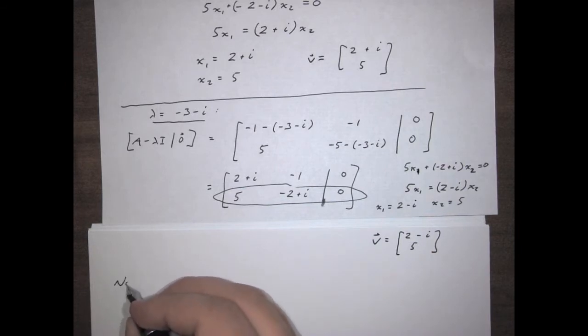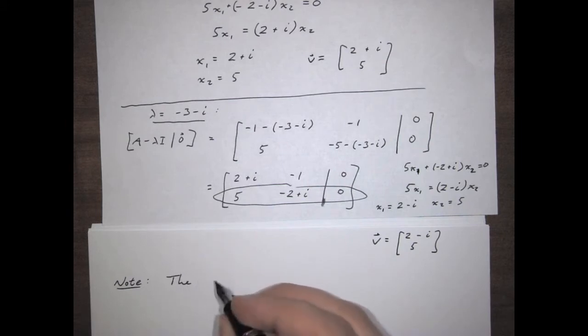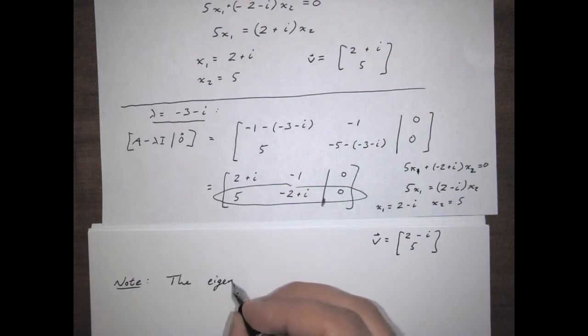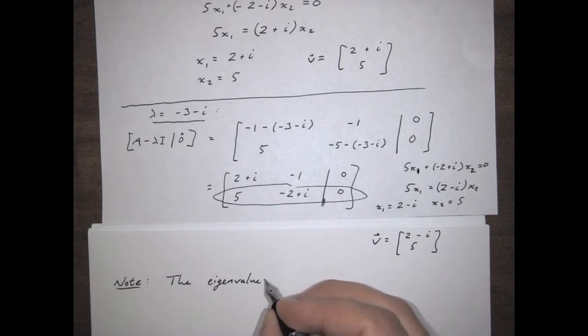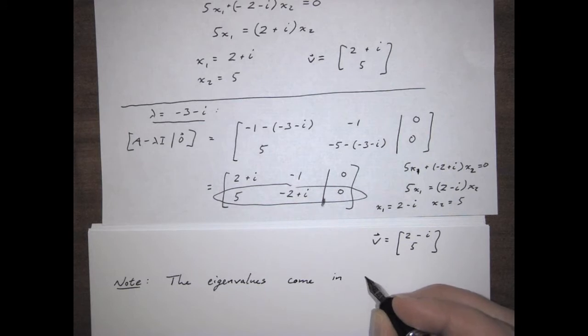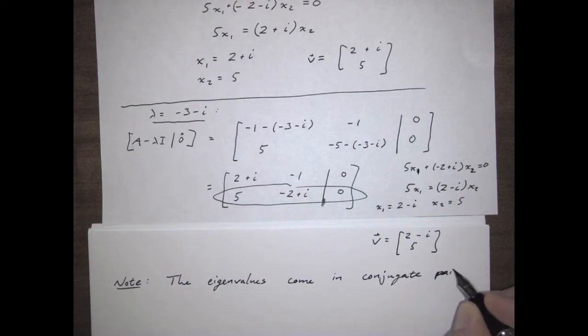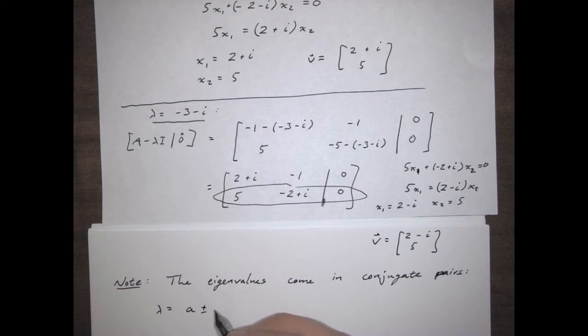Note here, the eigenvalues come in conjugate pairs. Lambda equals a plus and minus bi.